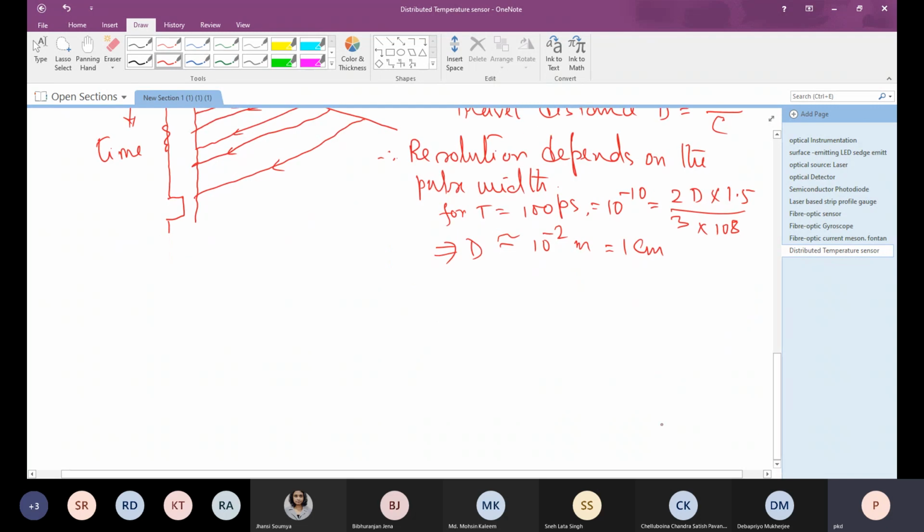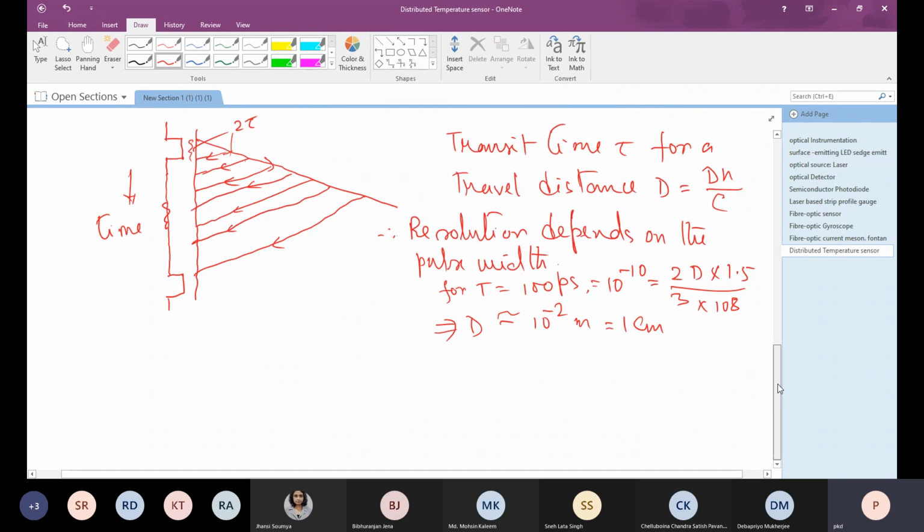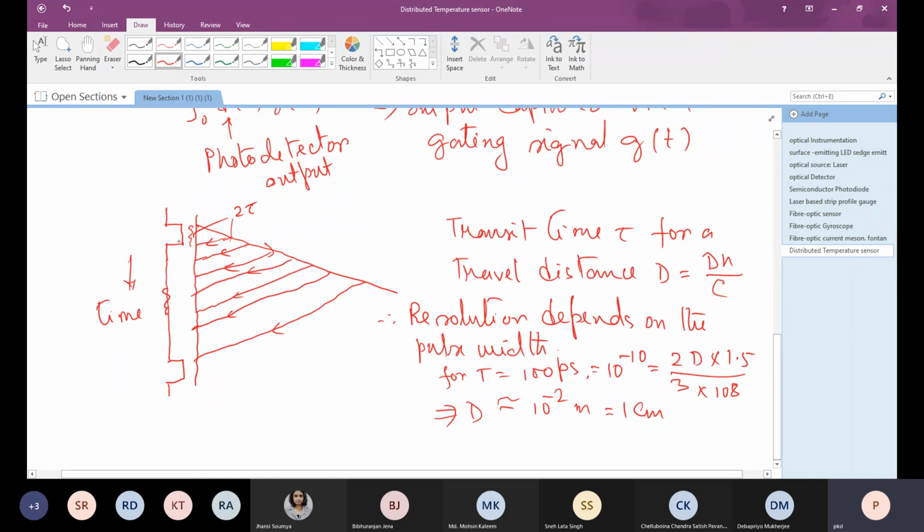Usually, due to the noise floor, the resolution suffers, and though this gives a single measurement, due to noise the discontinuities may not be very prominent.